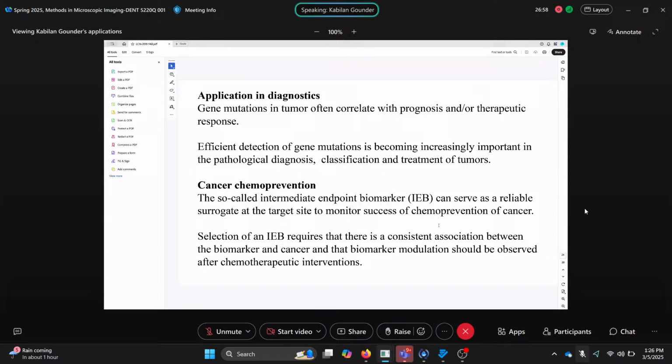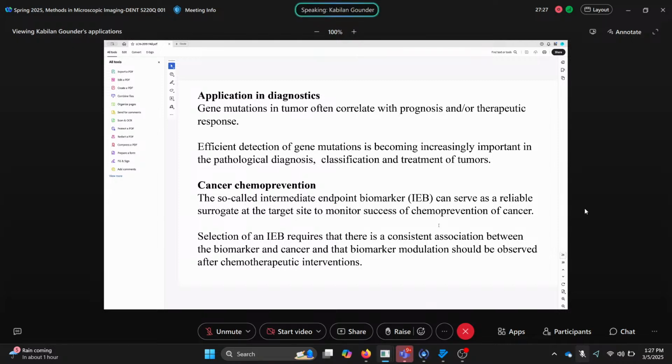The efficient detection of gene mutations is becoming increasingly important in pathological diagnosis, and also in the classification and treatment of tumors. The next is cancer chemoprevention. The so-called intermediate endpoint biomarker can serve as a reliable surrogate at the target site to monitor the success of chemoprevention of cancers.